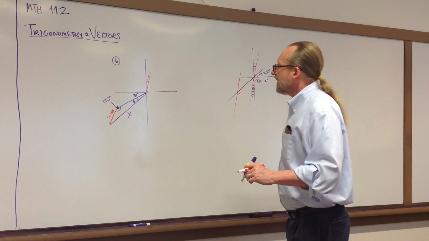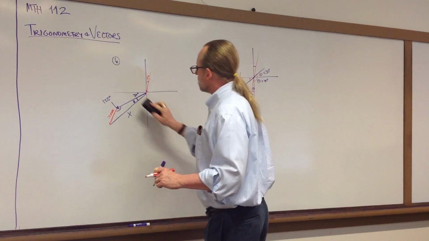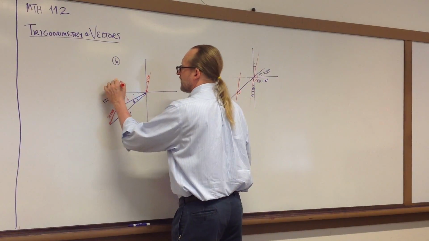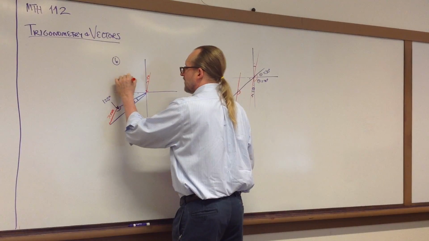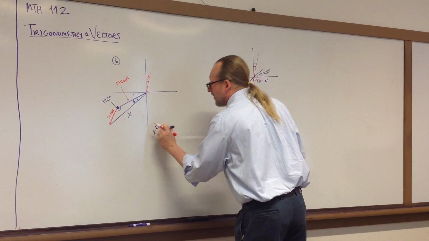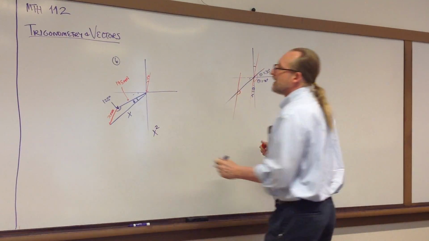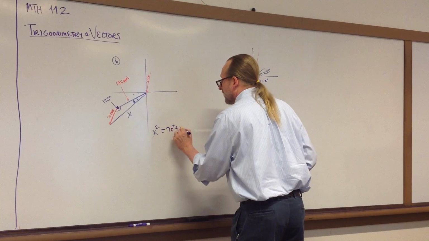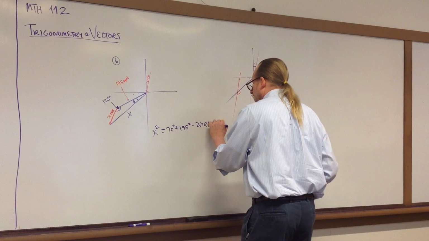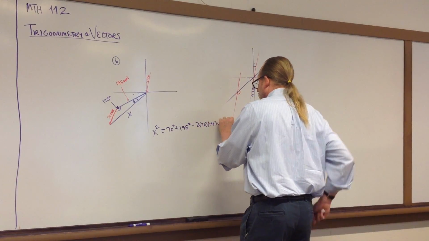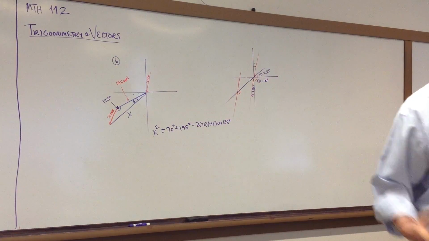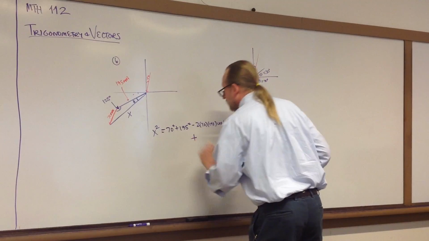All right, so now that we know that, and this right here is 195 miles per hour. If we want to find x using the law of cosines, we're going to say x squared is 70 squared plus 195 squared, minus 2 times 70 times 195 times the cosine of 125 degrees. Because this is an obtuse angle, we're going to end up with a positive right there.